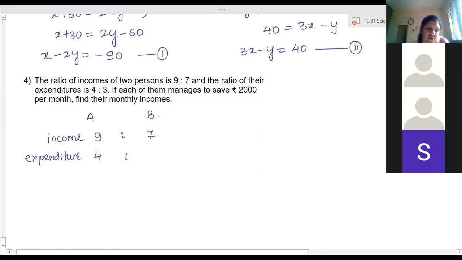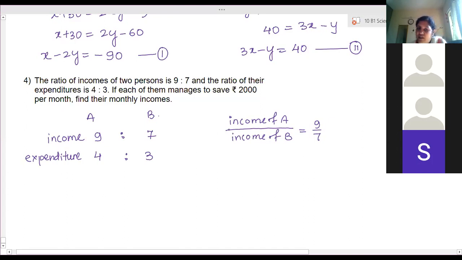Expenditure is 4:3. So this means income of A by income of B is equal to 9/7, right? Is the statement clear? Yes, ma'am. Now 9/7 is the ratio of their income.